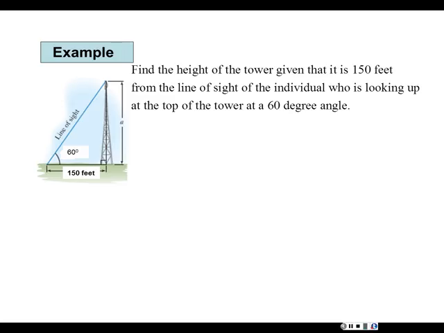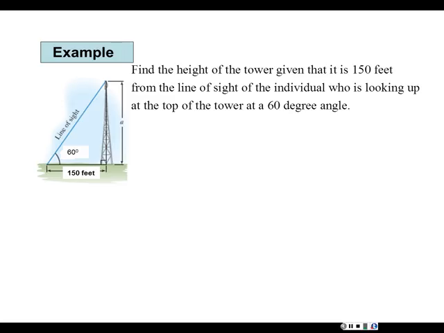And as you know, we always take one angle as theta. So at this point you just know one angle, except the right angle, which is 60 degrees.